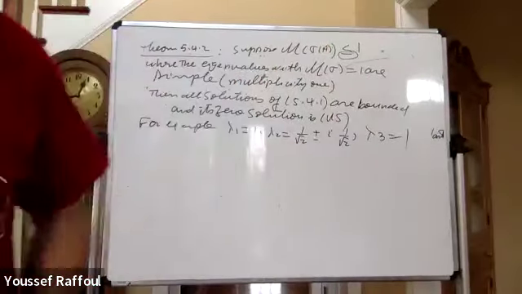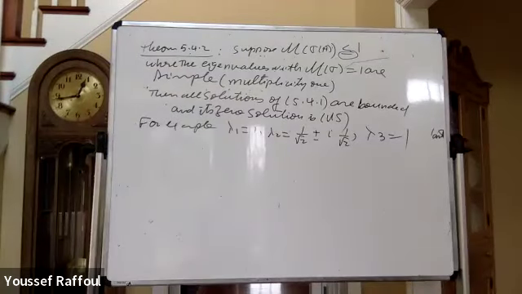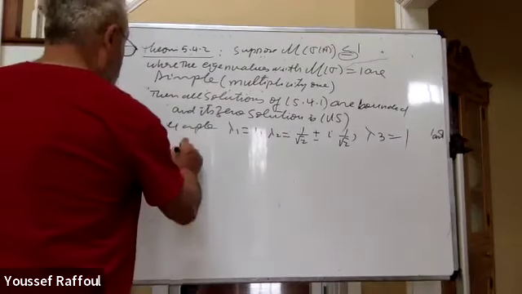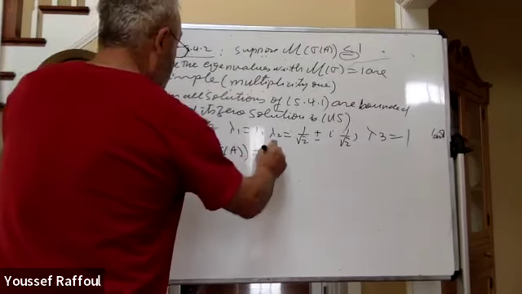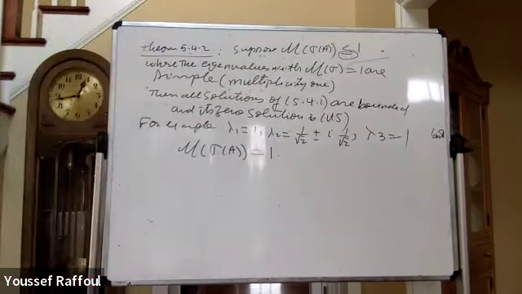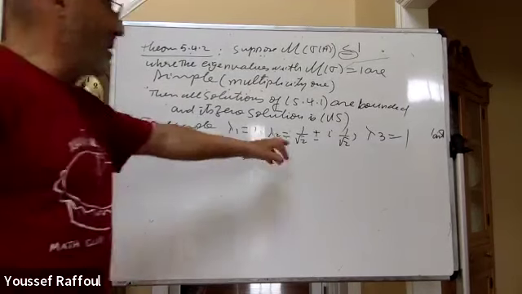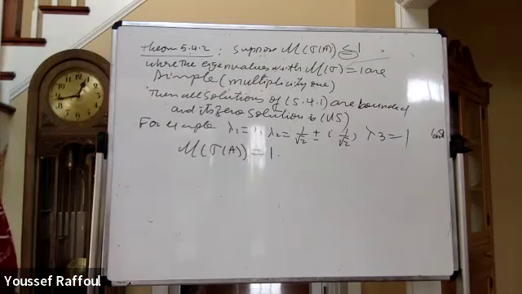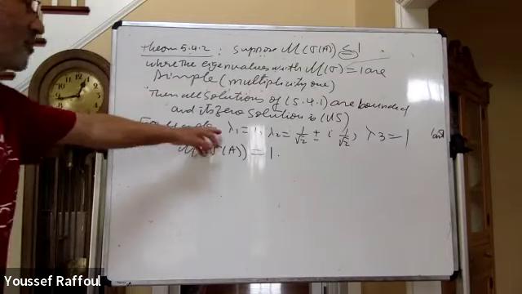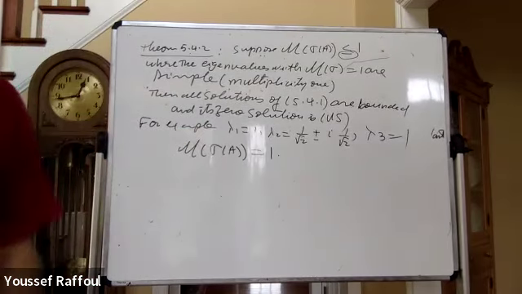Is this allowed or not? Notice sigma of A is equal 1, because this one here will be 1. But is this allowed? Tell me.